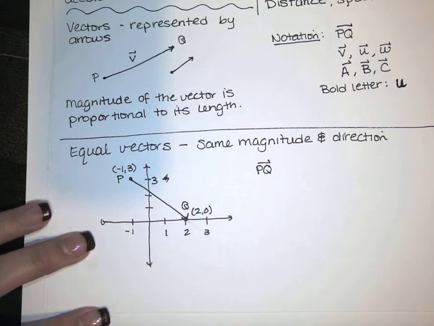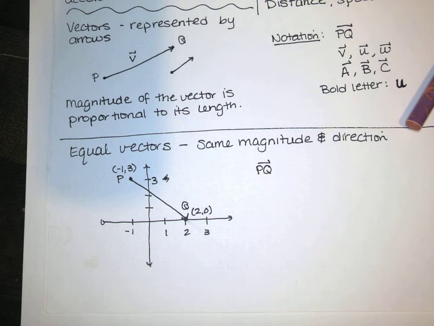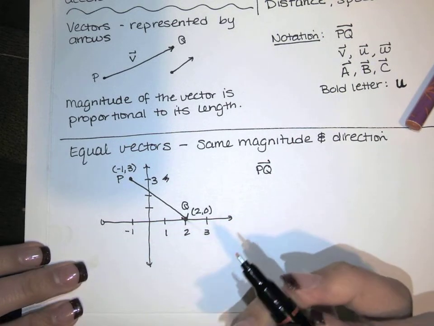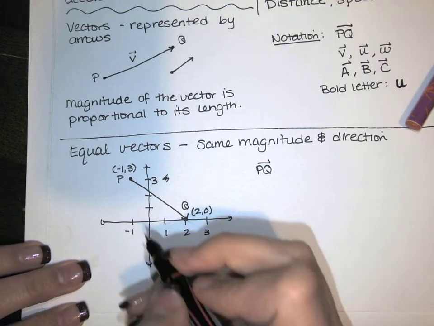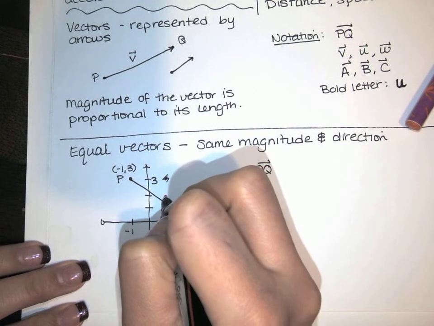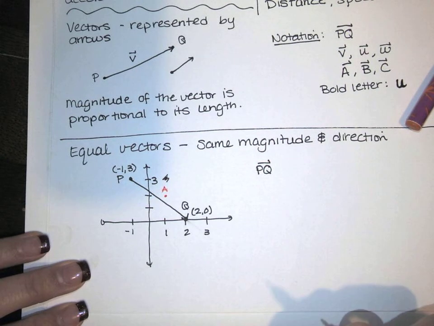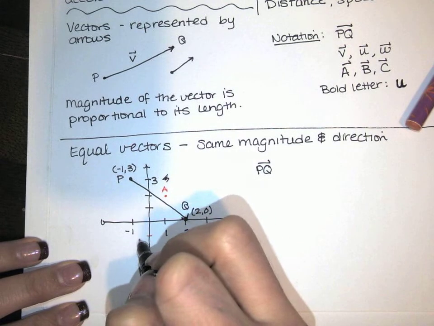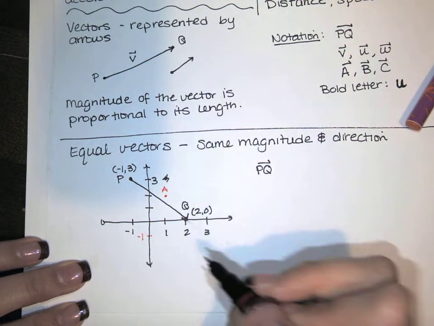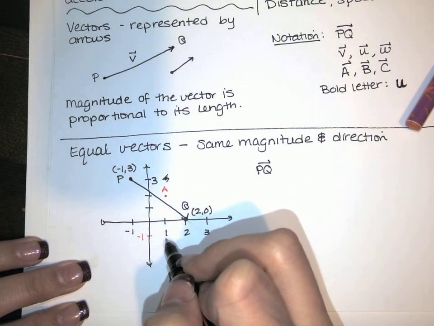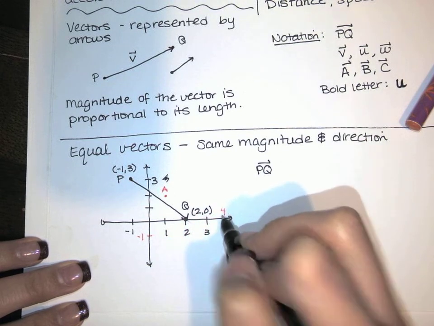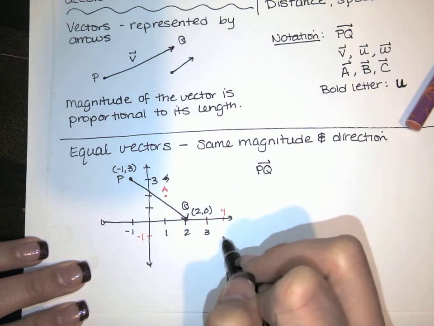It's one in our picture. And maybe I've got another vector over here. Maybe it starts at x equals 1, y equals 2. We'll call that the point A. And then it ends up down here at x equals 4, y equals -1.